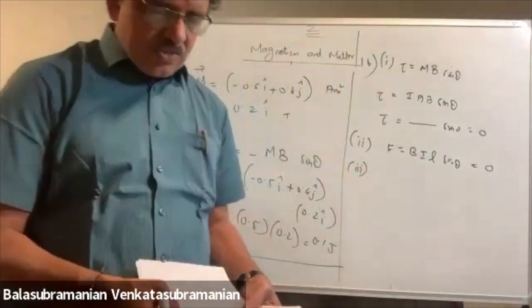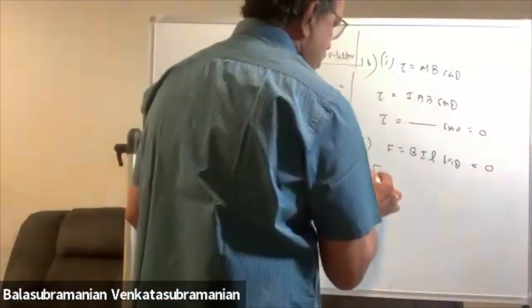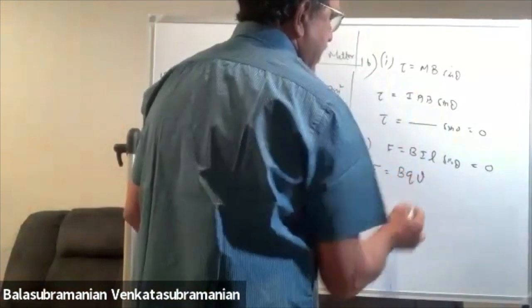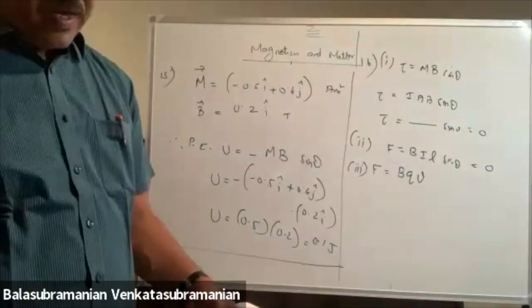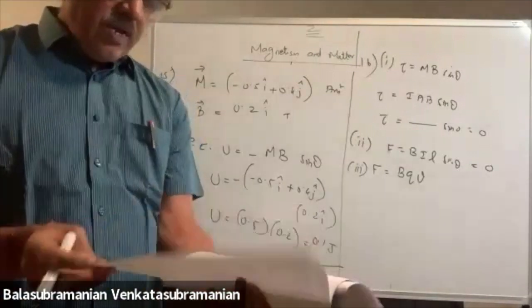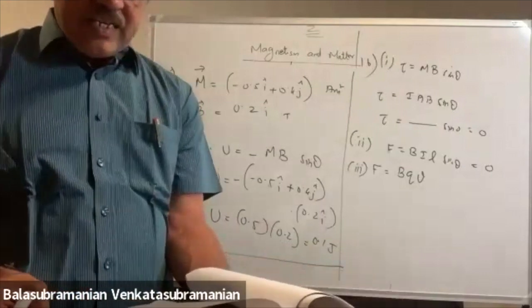And the third case, average force required: BQV sin 90, so BQV. Why? See here, average force on each electron.